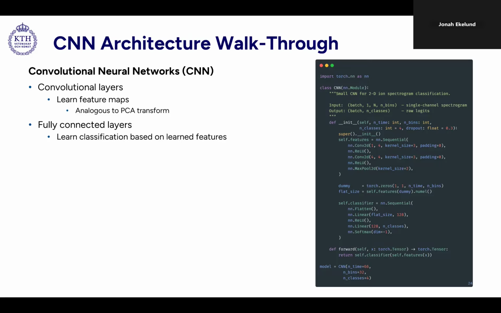Then we have a fully connected layer after that, which takes the output from the convolutional layers, the features that the convolution sees, and tries to find the correlation between these features and your classification. So you have firstly a convolution layer and then a classifier layer.